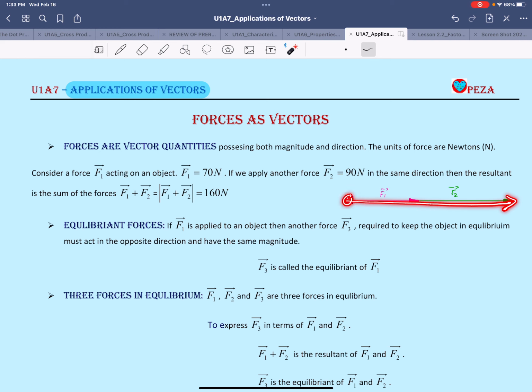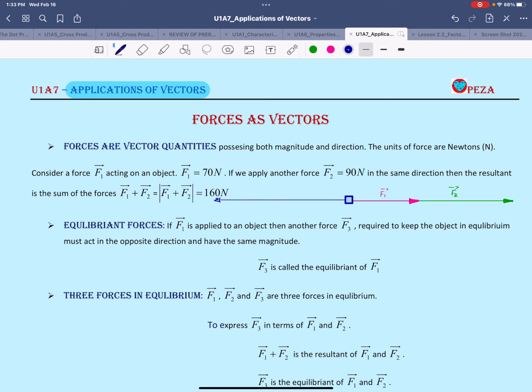If we want to oppose the motion of this object, we need to apply a third force which must be equal in power, or equal in magnitude we should say, as the resultant force F1 plus F2, but opposite in direction. So this force that will oppose the motion of this object is what we call an equilibrium force.